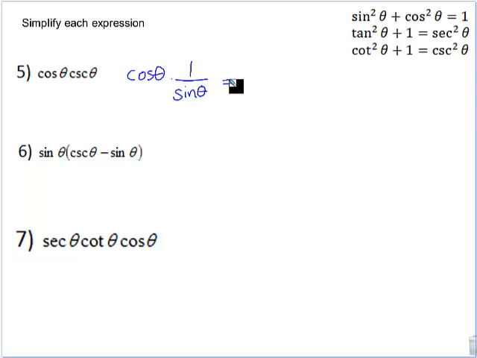Yep, we would have cosine over sine. What function is that? Tangent. Not tangent, it's cotangent. So we can replace it with cotangent. So there we took cosine times cosecant, we manipulated it and got it to just be cotangent.